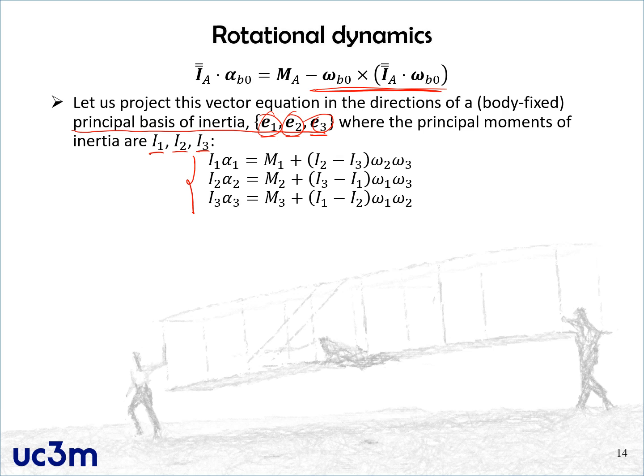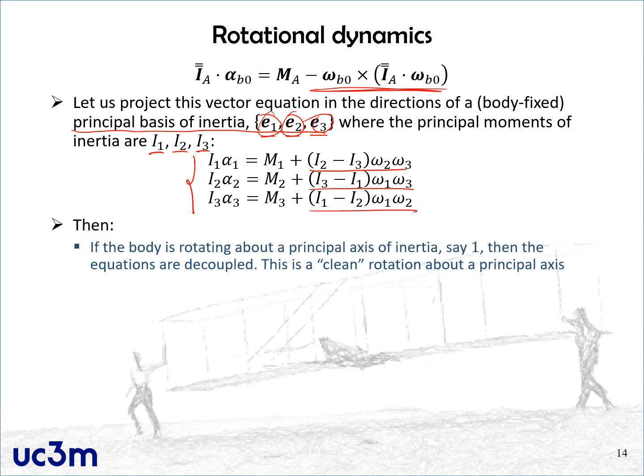And here is where you can see the influence of these extra terms. So, for example, if the body is rotating about one principal axis of inertia, for example, when omega 1 is equal to omega and omega 2 and omega 3 are equal to 0, if we focus on the first equation, you see that this term cancels out, because we have a 0, then this also is equal to 0, and this is equal to 0.